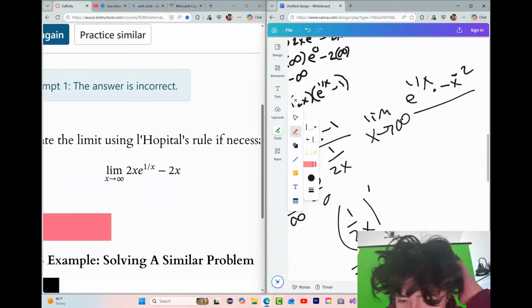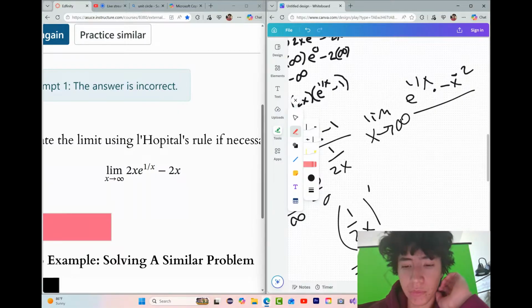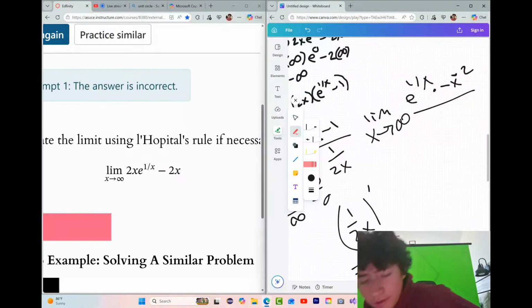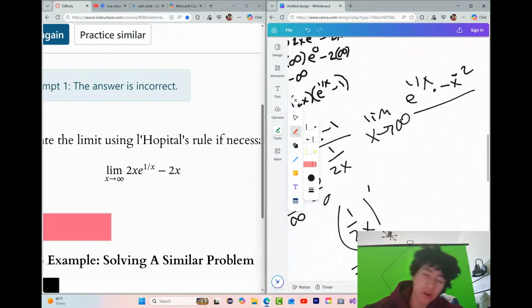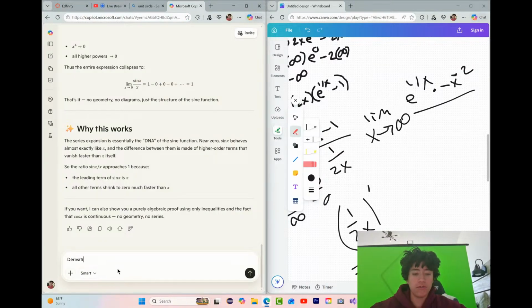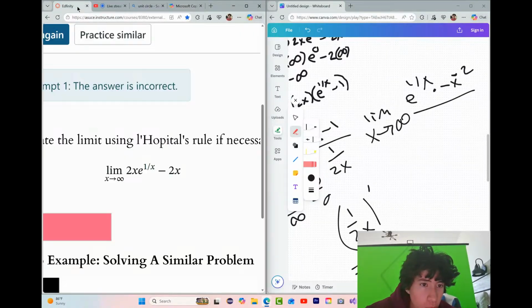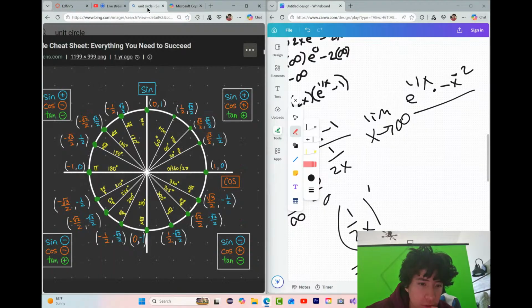What is the derivative of 1 over 2x? I mean, this is so easy, but I don't have a single value in the denominator, I have two values. So do you do 2x? Derivative of 1 over 2x. What question are we on? Question 11?